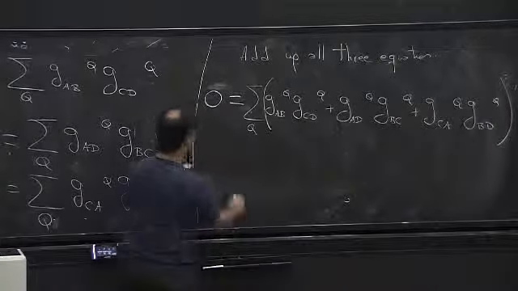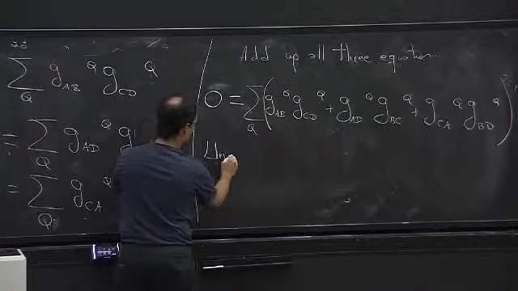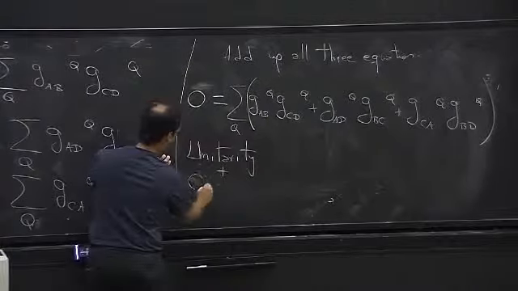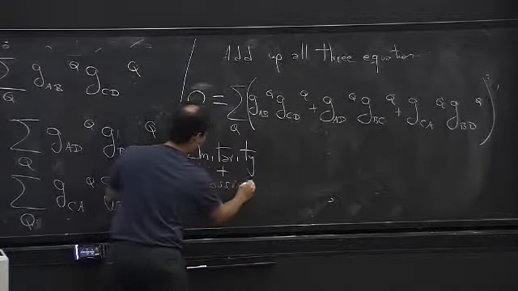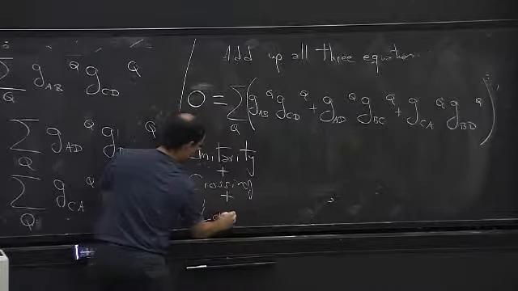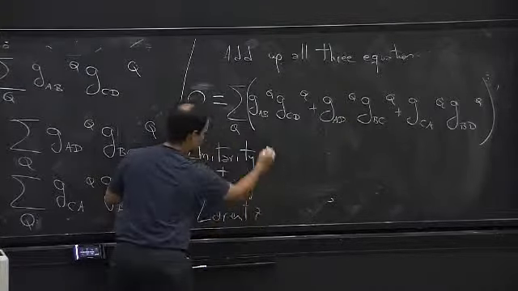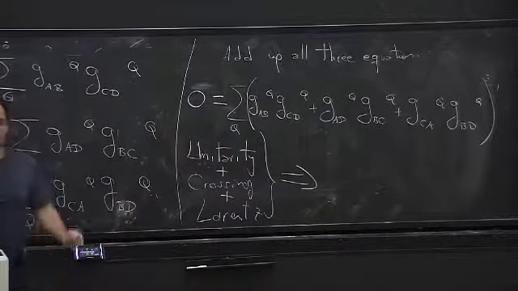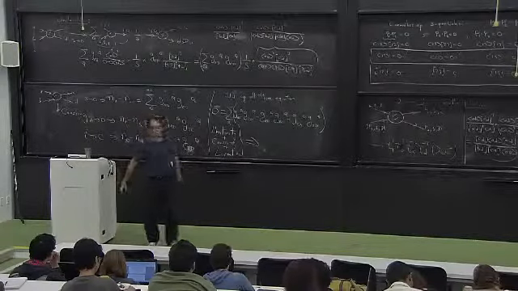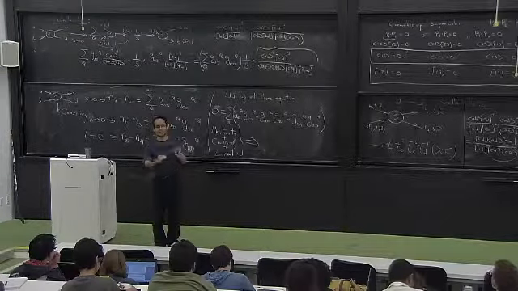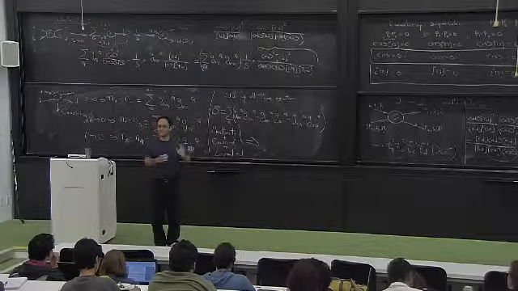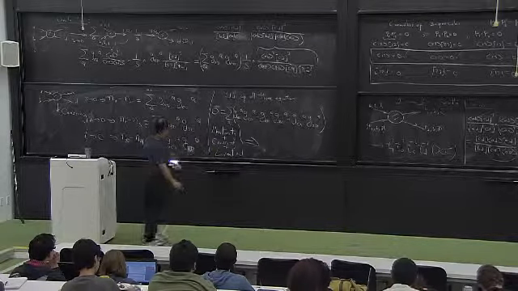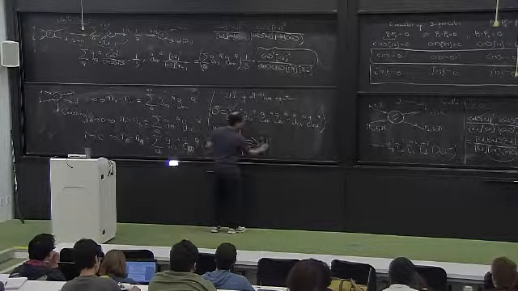So the conclusion is that unitarity plus crossing plus Lorentz, all that, imply immediately that if you have several species of helicity 1 particles, they can only interact if their interactions satisfy something that is called a Jacobi identity.